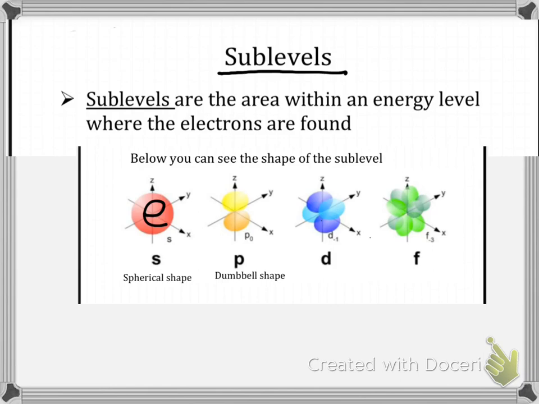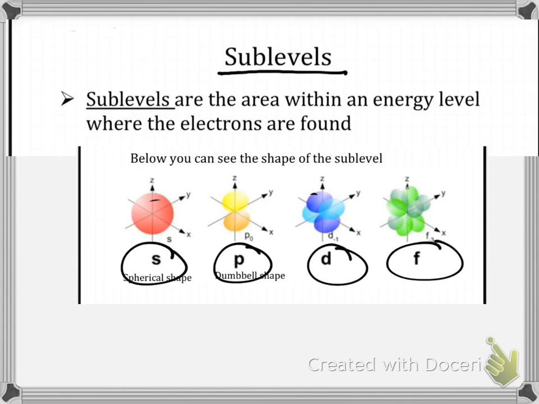The P sublevel looks like this. It's called a dumbbell. The electron is somewhere inside this. The D looks like this. The electron is somewhere here. And the F, the electron is somewhere inside this cloud. Okay? These are called electron clouds.